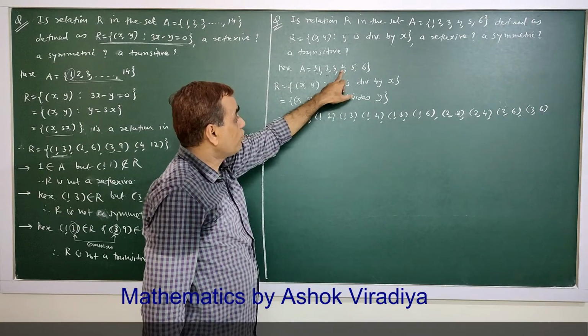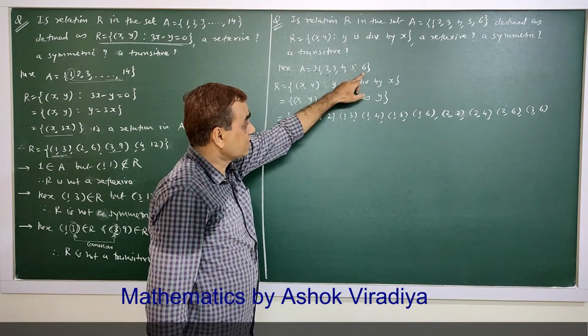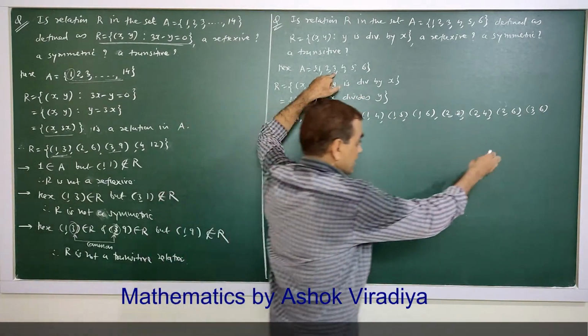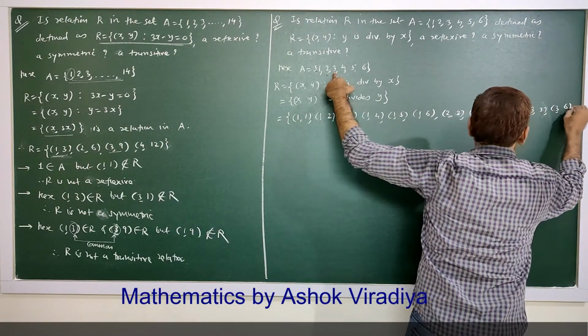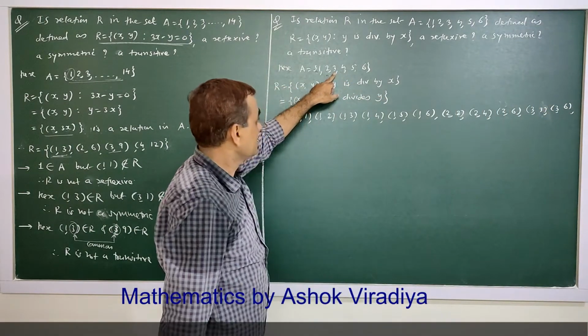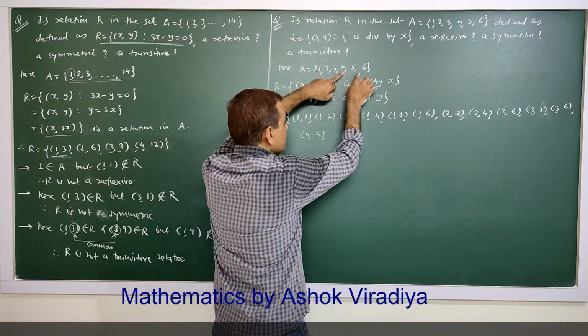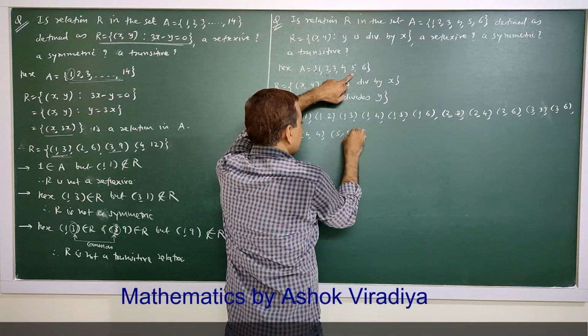Then take 4. 4 does not divide 5. 4 does not divide 6. Say here we have missed one element. 3 divides 3. 3 divides 6. Then 4 divides 4. 4 does not divide 5. 4 does not divide 6. Then 5 divides 5.